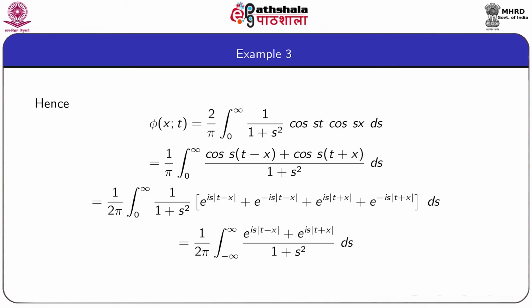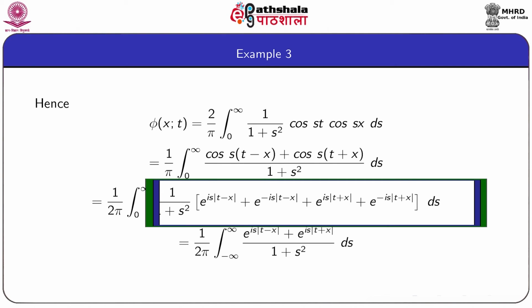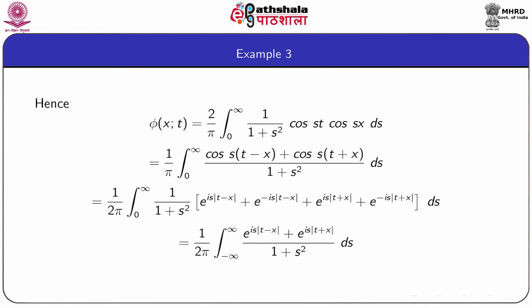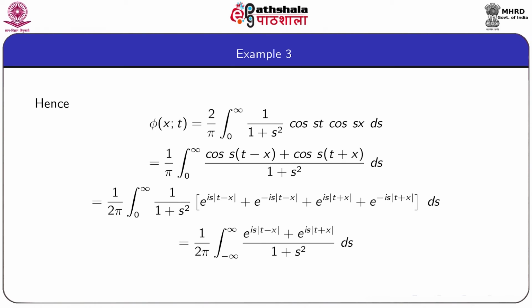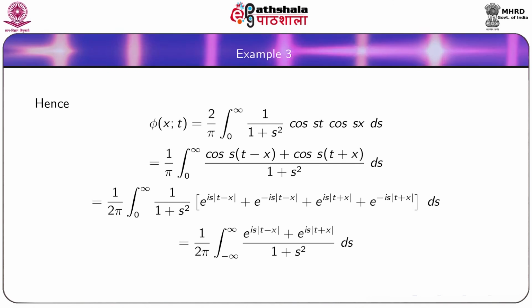Now we write cos s(t − x) as e^(is(t−x)) plus e^(−is(t−x)) over 2, and also cos s(t + x) as e^(is(t+x)) plus e^(−is(t+x)) over 2, so that φ(x,t) becomes 1 by 2 pi integral from 0 to infinity 1 by (1 + s²) times [e^(is|t−x|) + e^(−is|t−x|) + e^(is|t+x|) + e^(−is|t+x|)] ds.